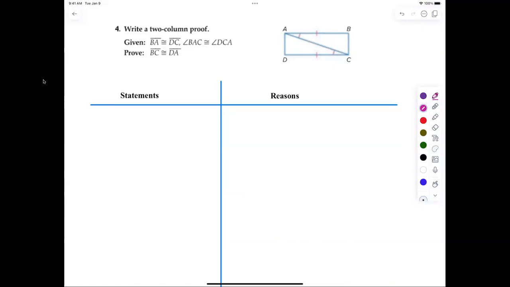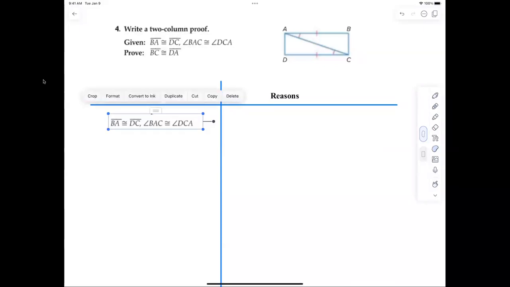Now, when you're trying to prove that, you want to say, okay, what two triangles are congruent? And as soon as I say the triangles are congruent, then I can say those sides are congruent. All right, so let's give it a shot so I can demonstrate how really simple this is, but for some reason, people think it's difficult.